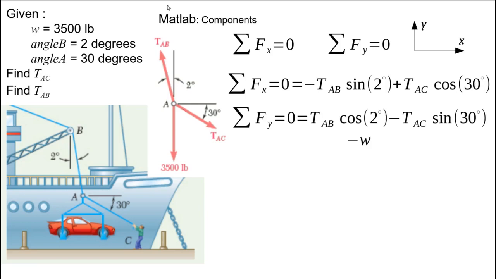Sum of the forces in y, we've got TAB times cosine of 2 degrees, gives it a big force in y. TAC is pulling down, and again, opposite the 30 degrees would be our component vector. And we have W pulling all the way down.